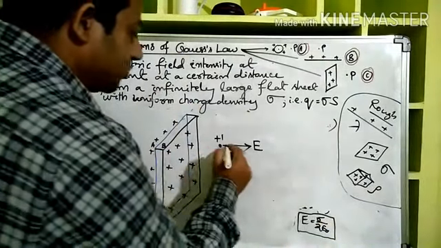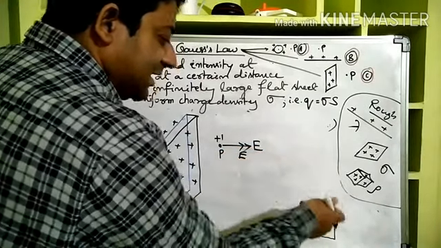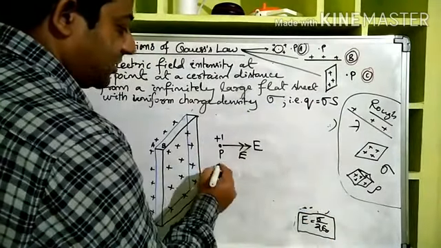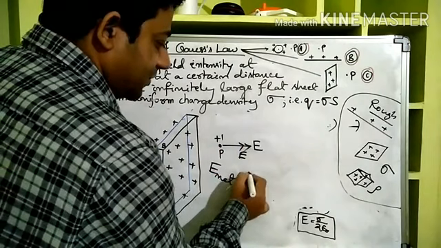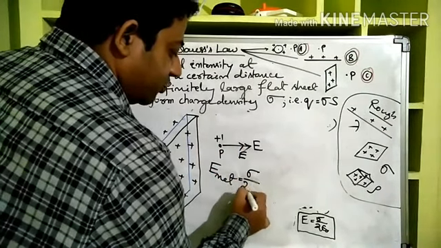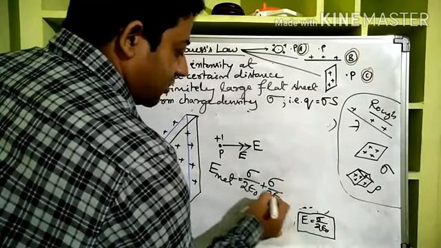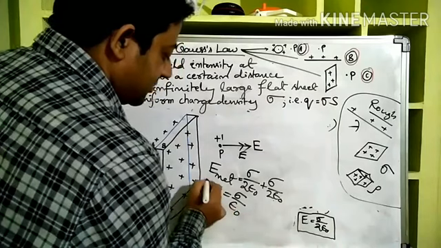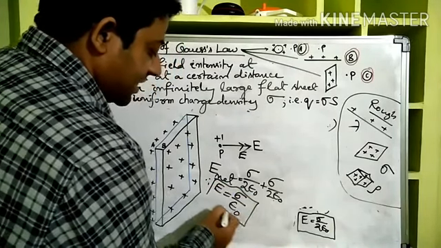Plate B also will repel it with sigma by 2 epsilon naught. Therefore E net is sigma by 2 epsilon naught plus sigma by 2 epsilon naught, which is sigma by epsilon naught.